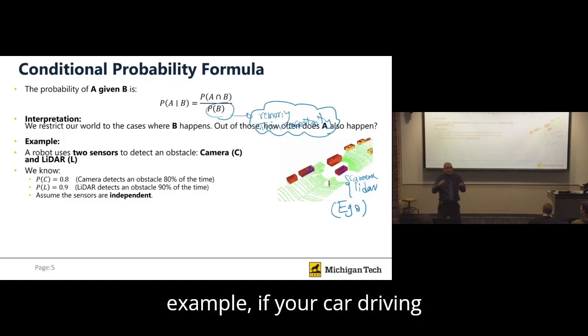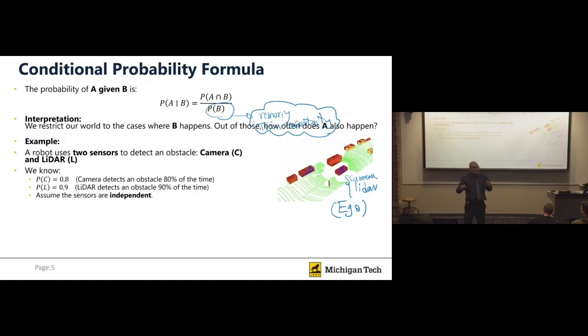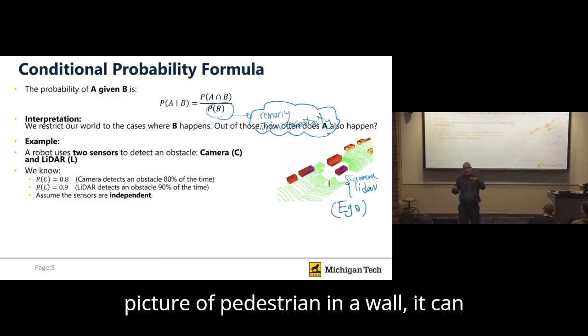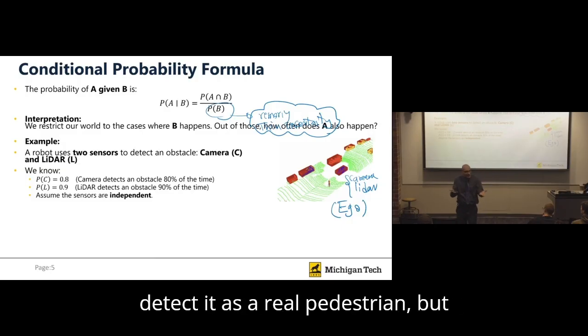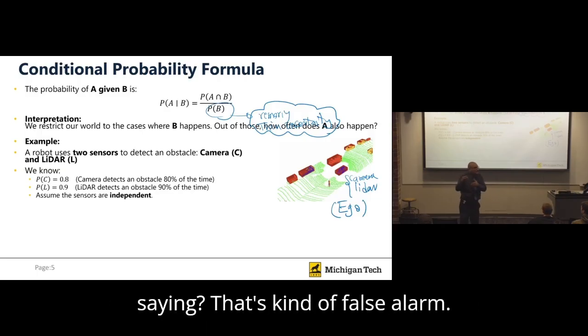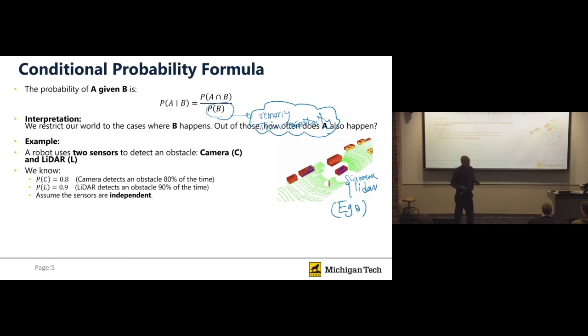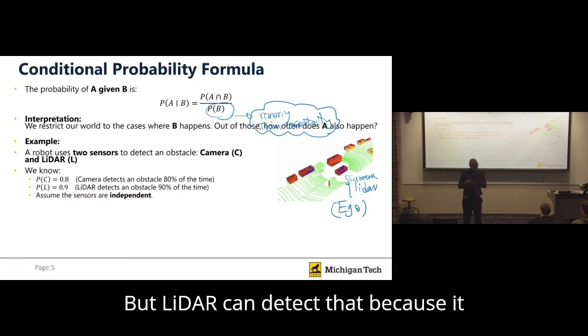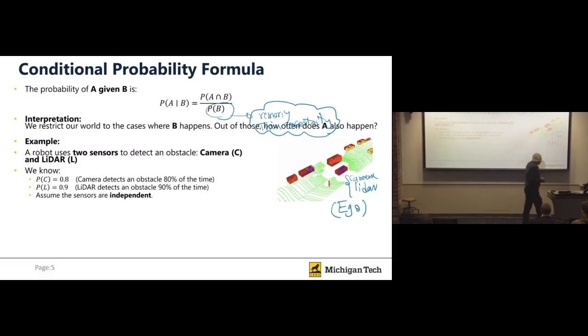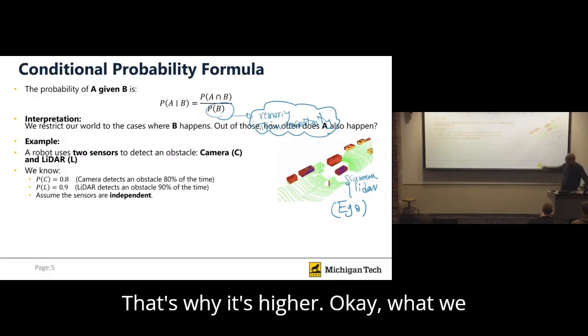For example, if your car is driving in the street and sees a picture of a pedestrian on a wall, it can detect it as a real pedestrian, but that's just a picture. You know what I'm saying? That's a kind of false alarm. But LiDAR can detect that because it detects three-dimensional points. That's the difference between these two. That's why it's higher.